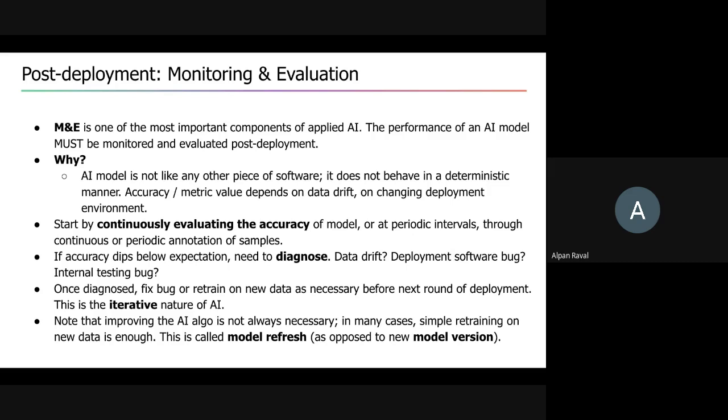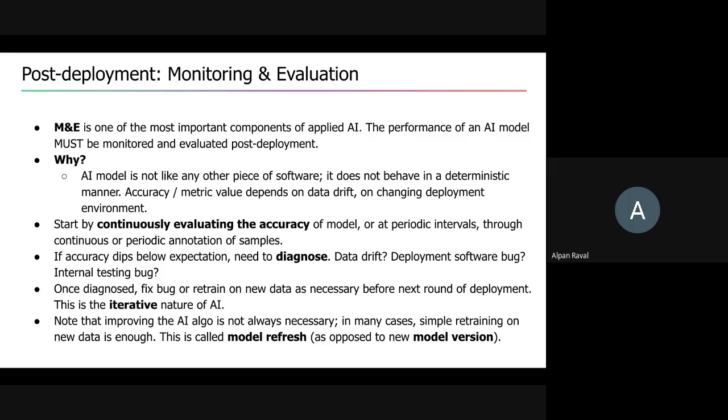And from the engineering perspective, we have to be able to automate these processes. If we are not making any other fundamental changes to the AI algorithm, if it's just a matter of retraining, we should be able to automate this whole system so that it's almost push button. This is what happens at big tech companies: there's continuous evaluation going on of deployed AI models. You can actually see various metrics on a dashboard. The moment you see certain critical metrics dip in value, an alert is sent to the appropriate person.